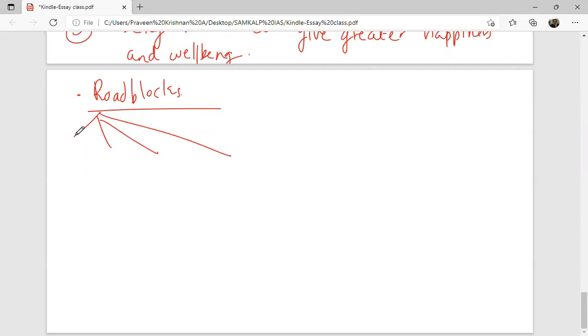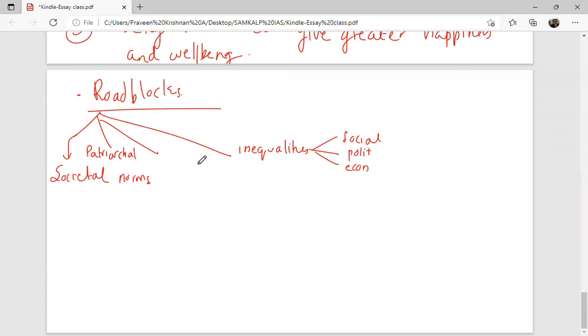You can speak about certain societal norms, or the patriarchal mindset, or the inequalities in the society. You can divide into social inequality, political inequality, or economic inequality, and you can speak about different injustices in the society, for example, custodial deaths, etc. So these are the roadblocks.